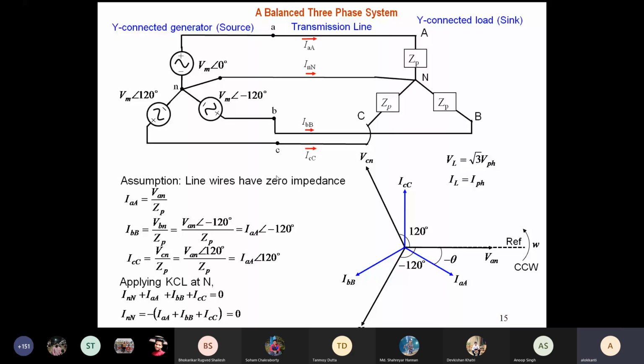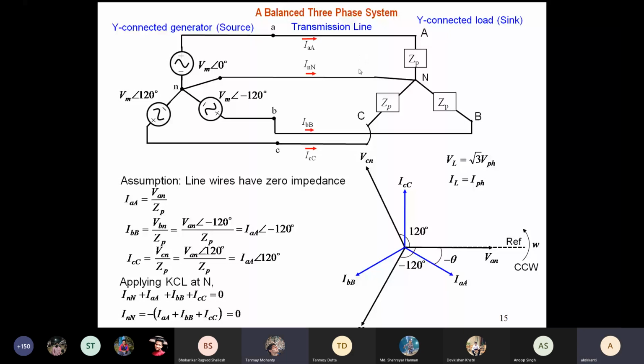Sir, here IA should not be in phase with IAN, or we assume some impedance there. That's why there is minus theta. No, this impedance is ZP. The IA only starts flowing whenever we complete the circuit.